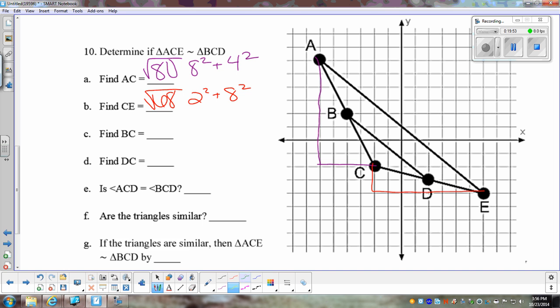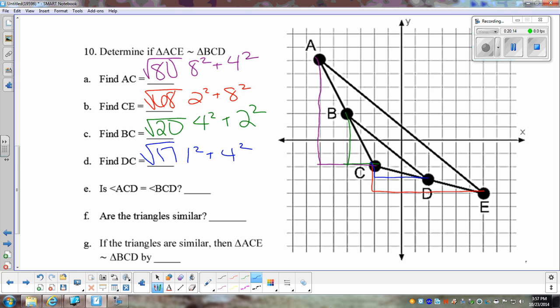BC went down 4 over 2, which is the square root of 20. And then CD, I went down 1 over 4. The square root of 17.